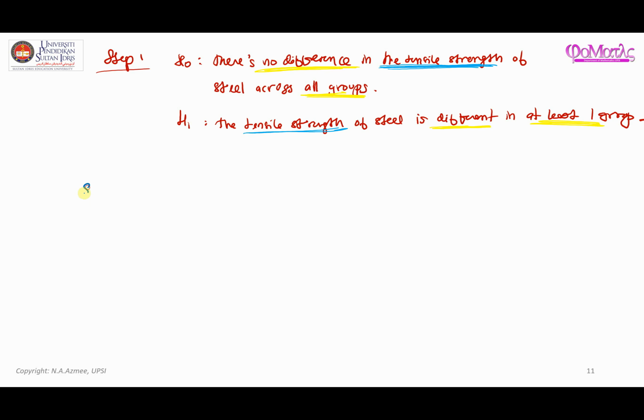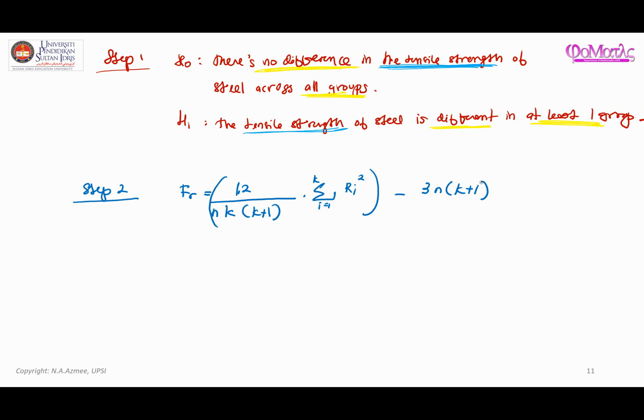In the second step, we shall focus on obtaining the test statistic. The formula is given as such: 12 over n k (k plus 1), times the summation of the square of our Ri, minus 3 n (k plus 1). Just plug in the values that you have got.